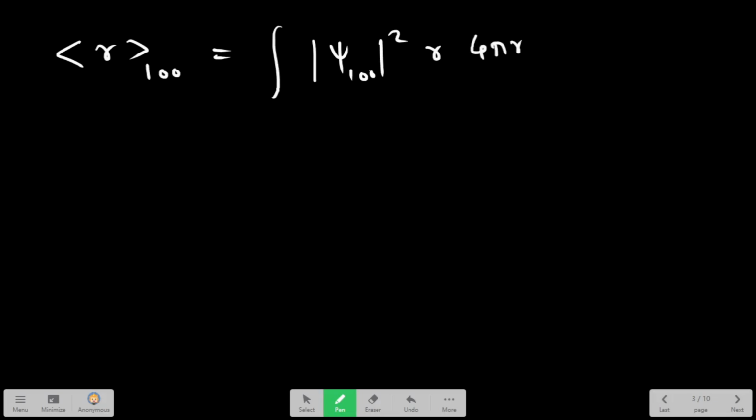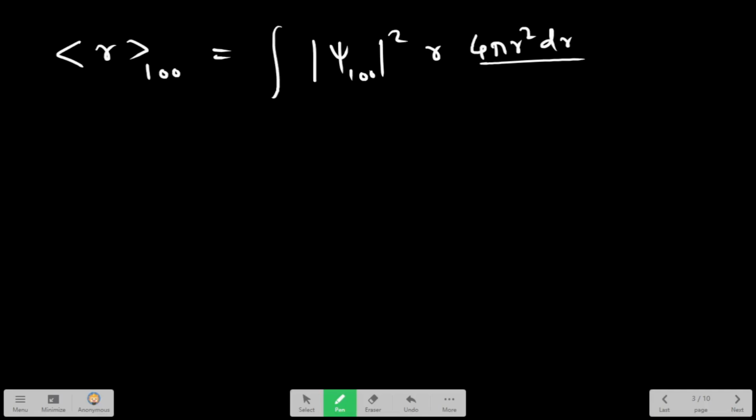Therefore, the expectation value of R with respect to the ground state of the hydrogen atom is equal to modulus of psi 100 squared times R, and we have 4 pi R square dr. This is the volume element.